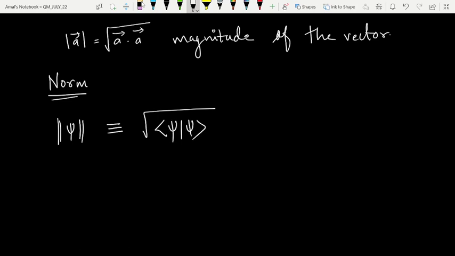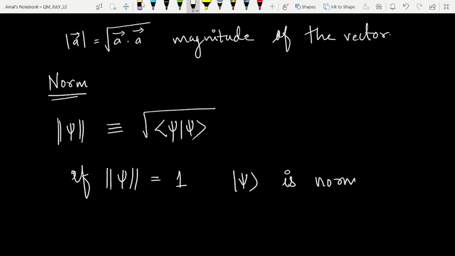If the norm of the vector is equal to 1, then we say that psi is normalized. It is equivalent to saying that the magnitude of a vector is unity, or it is a unit vector.